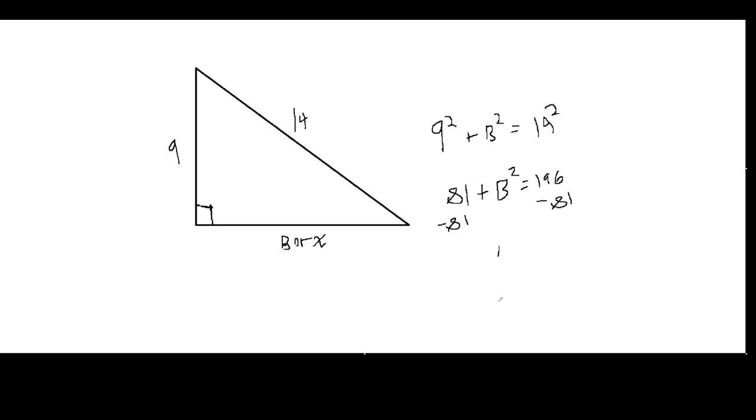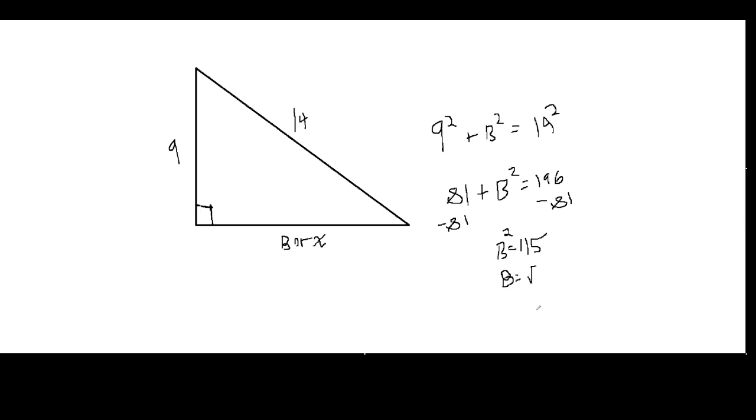and then we get b squared equals 115. And you might be thinking, well, 115 does not have a square root, right? And that's a little confusing. The example I looked up online is bad, but that's fine.